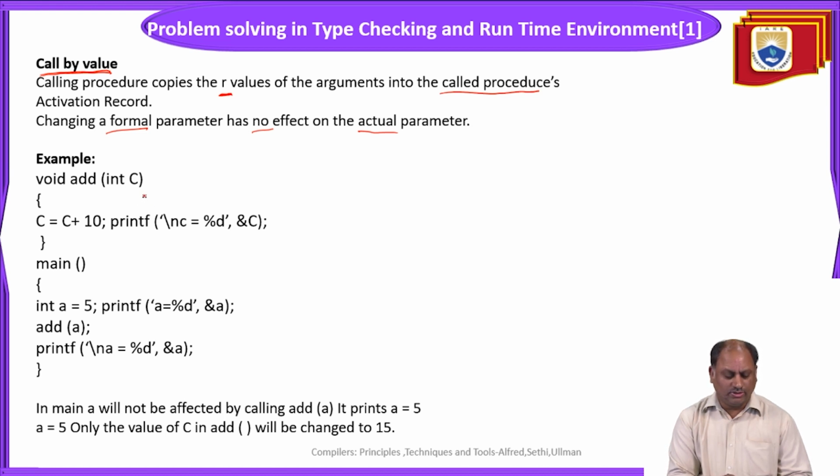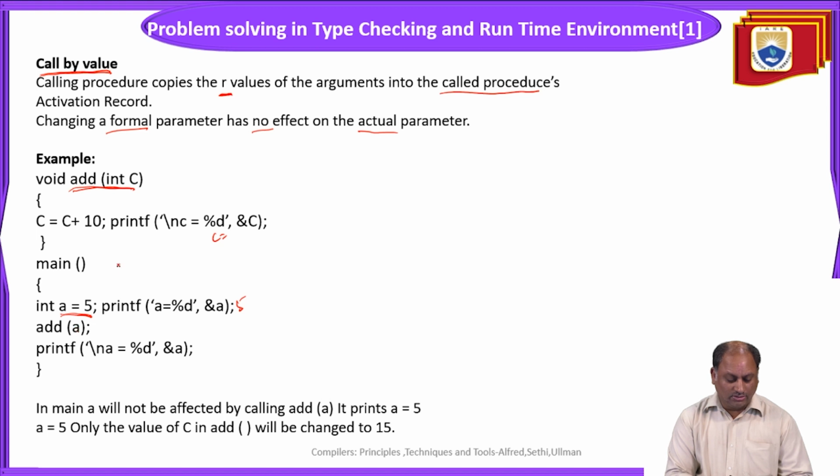So, for example, if you consider add, int c, here we are going to print some c value, c equal to 10 plus c. Now in the main function we have described the integer value a equal to 5, so it prints 5. Now in main, we call add a.